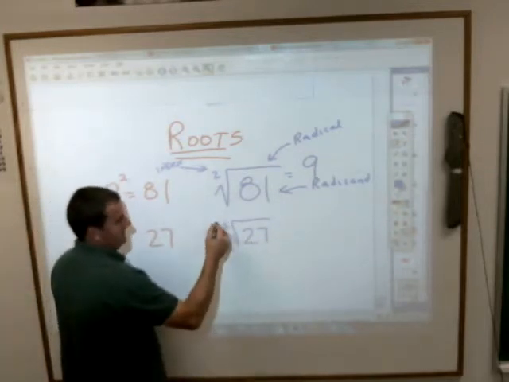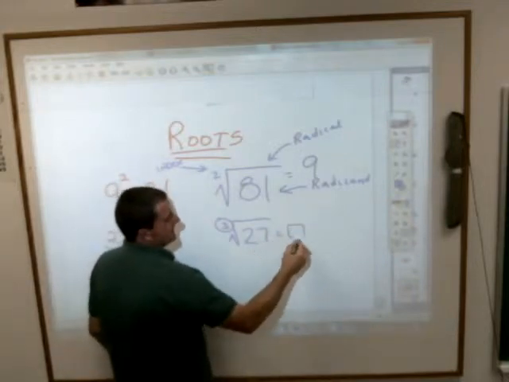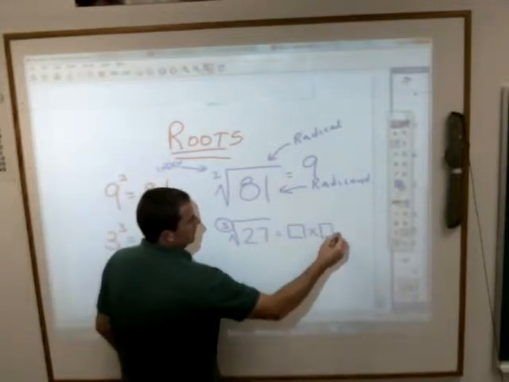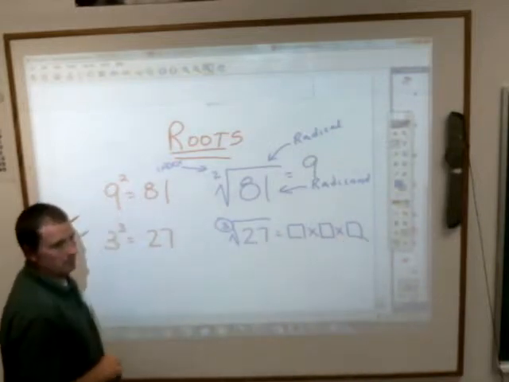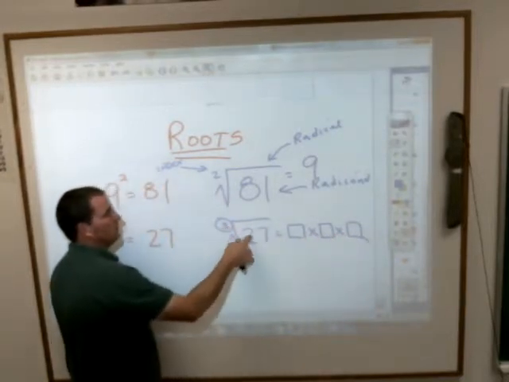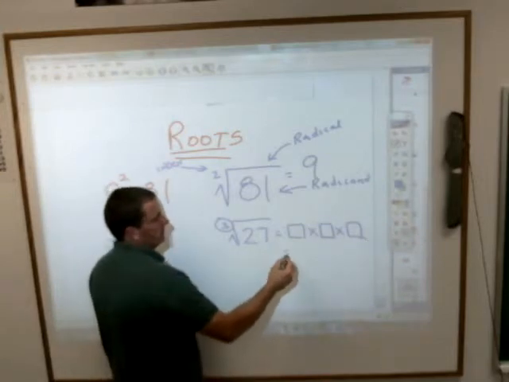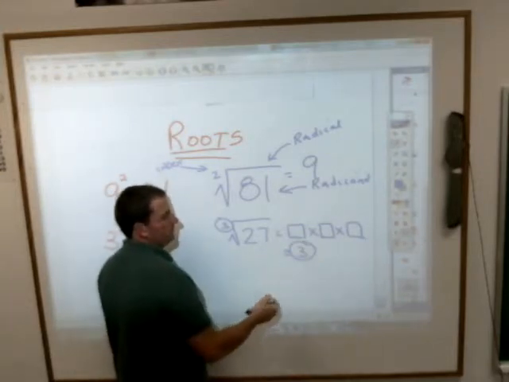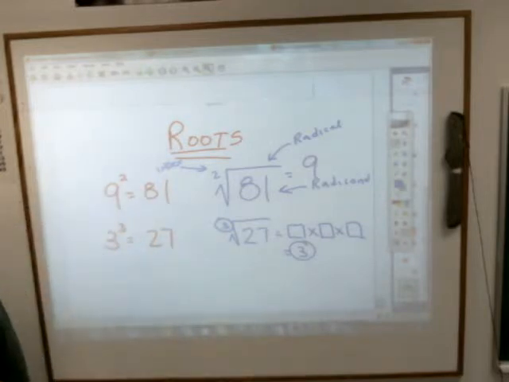This index number tells you how many of the same number you have to multiply together to get the radicand, that bottom number. What number times itself 3 times will give you that 27, and that's where this 3 comes from. The answer to this is 3. Not 3 times 3 times 3, but just 3. I probably should have used something besides all those 3's there.